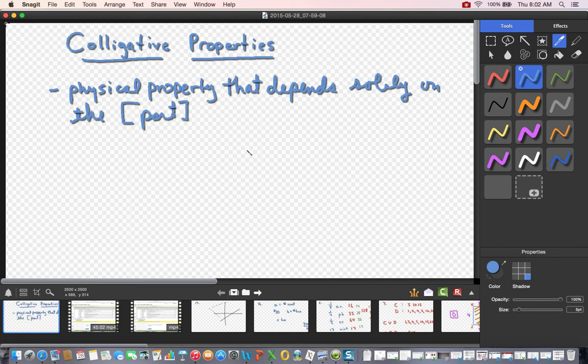And really, it's independent of the nature of those particles. The particles can be molecules or atoms or ions. And there are 4 known colligative properties.